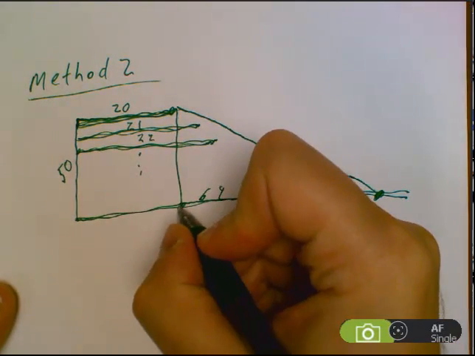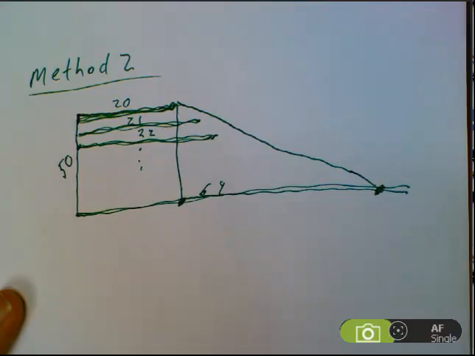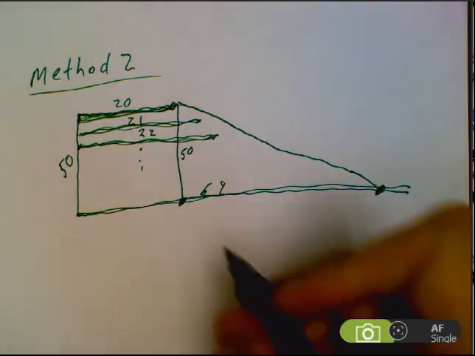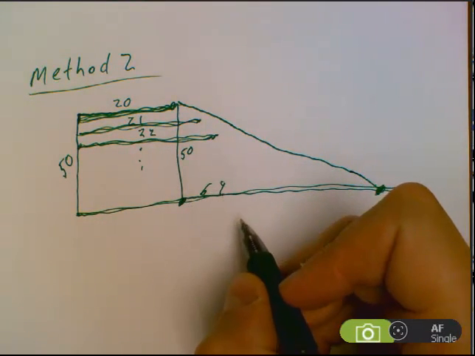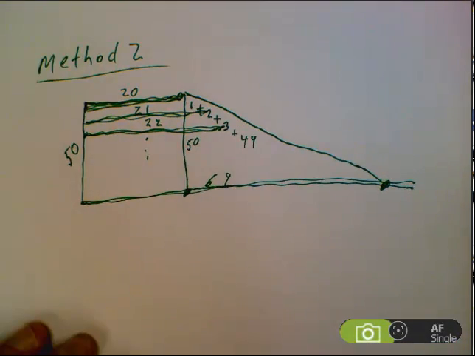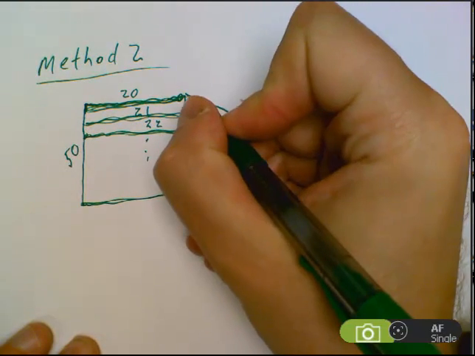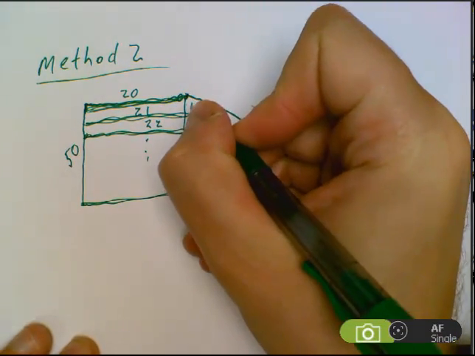Over here we've got 20, and this will be 50. So we've got this triangle. The first row we've got 0, and we're going to need to sum all these up.